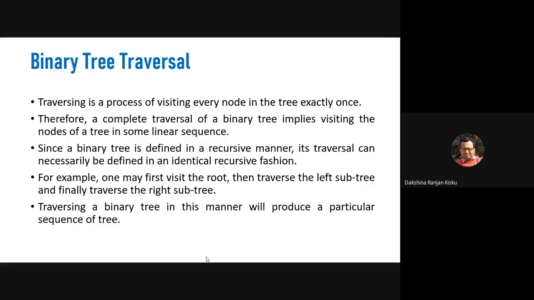Now, if we want to obtain three other linear sequences of visiting the nodes, we could make a rule that we will visit the right subtree before the left subtree.